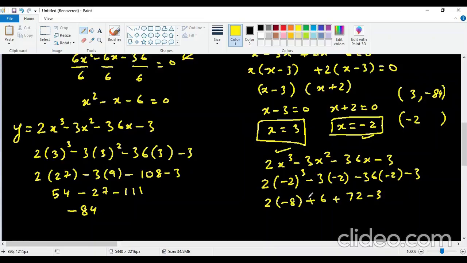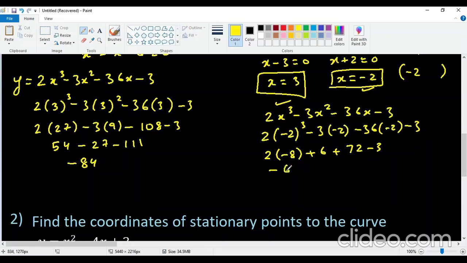Negative 16 plus 72 plus 12 is going to give us 78 minus 3, which gives us 41. So the value is going to be 41.